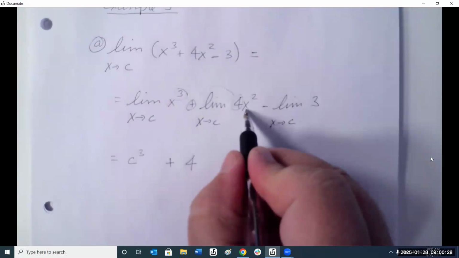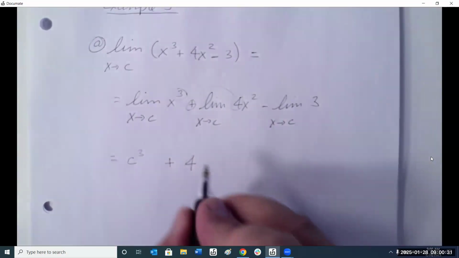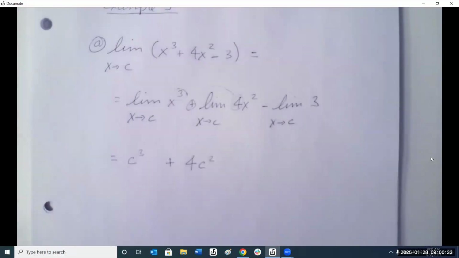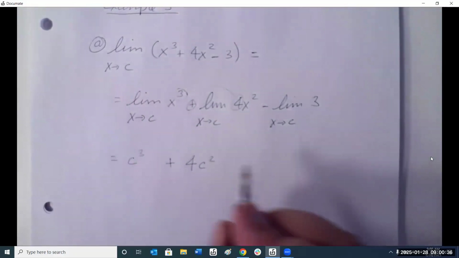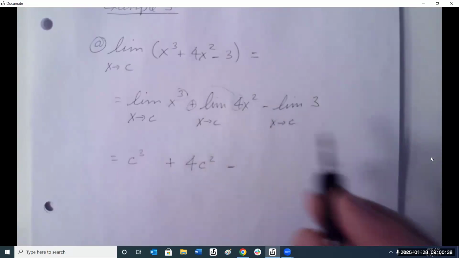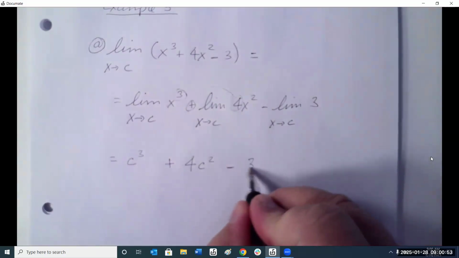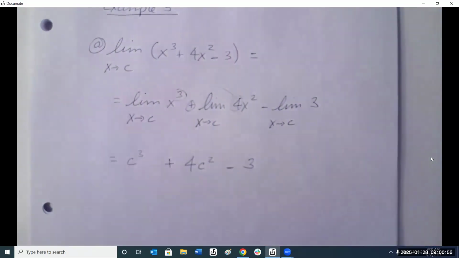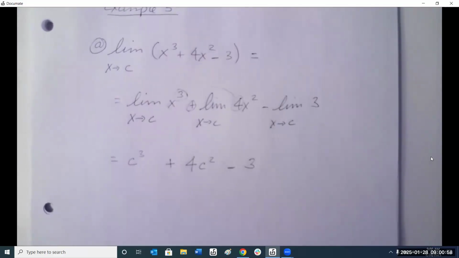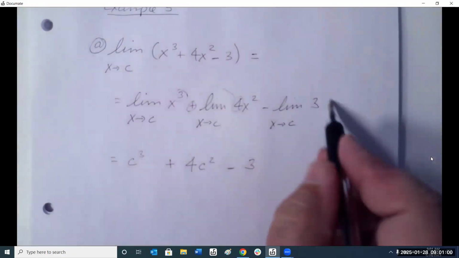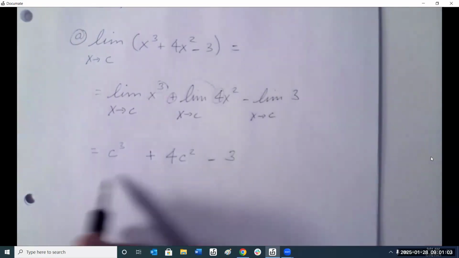And the limit of x squared as x goes to c becomes c squared. Minus, what about this last one? What rule is that one? It's going to equal 3. It's the constant rule. That was the second one we talked about. We talked about the identity function and the constant function. So that's a constant. There's no value of x, so it stays 3. And there's your answer.